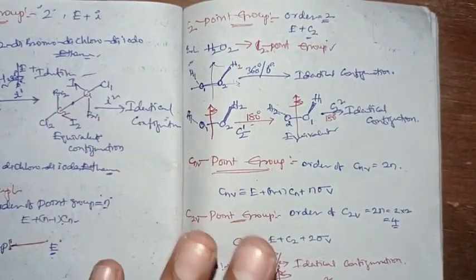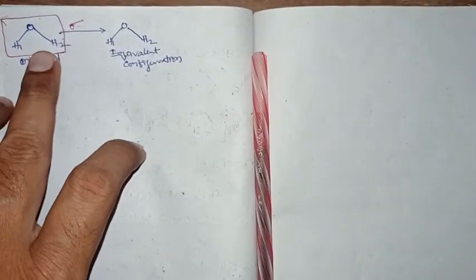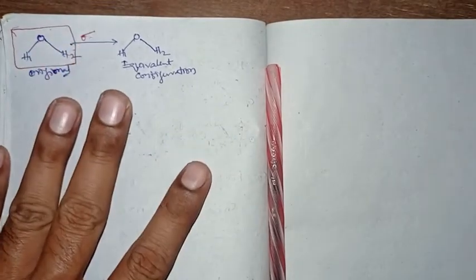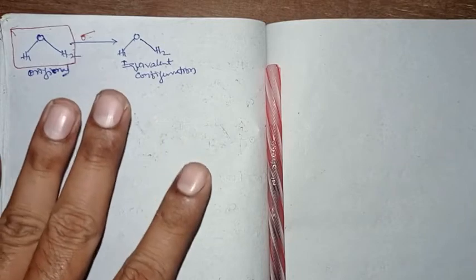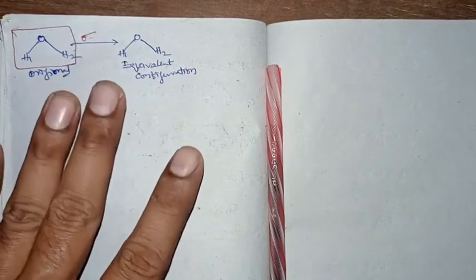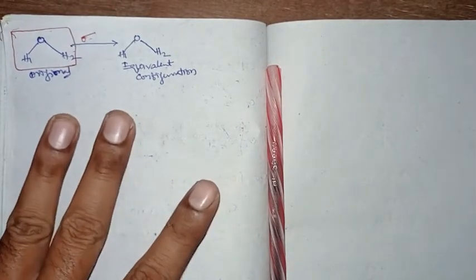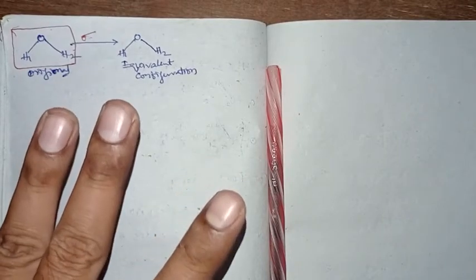So the plane we have here might be a vertical plane or a horizontal plane, right? Vertical or horizontal planes are defined with the help of the principal axis. Water has only one rotational axis, that is C2, so it is considered the principal axis.